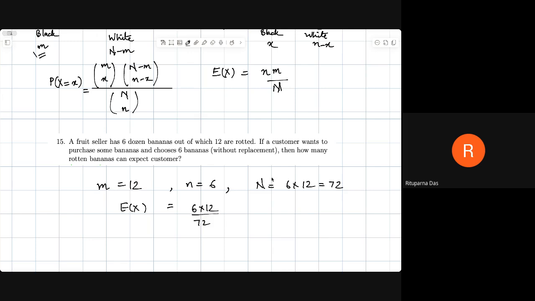Capital N is 72, small m is 12, small n is 6, and the expectation is coming out as 6 into 12 by 72, which is 1.